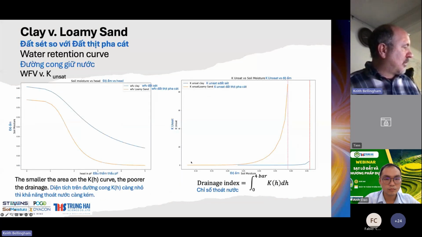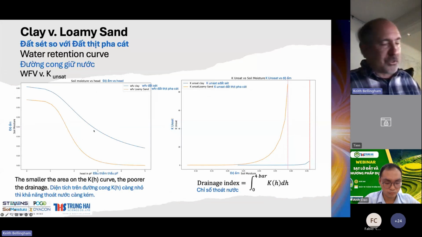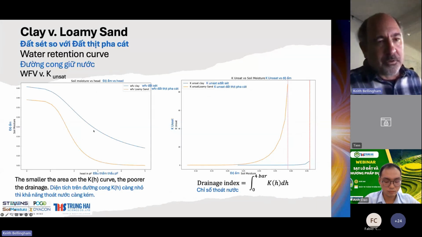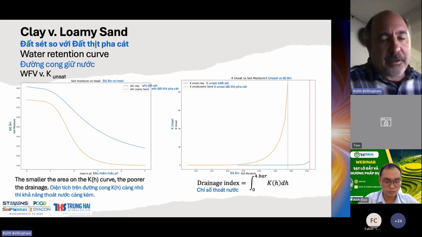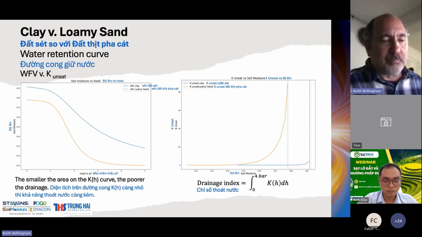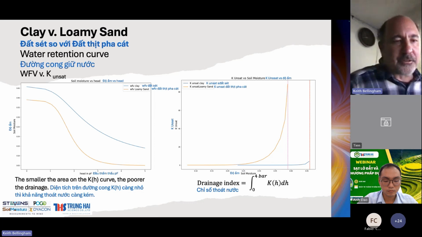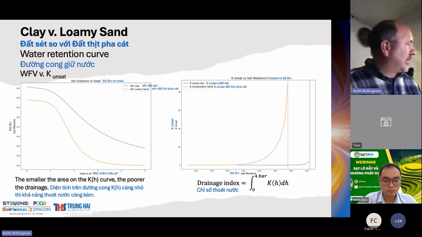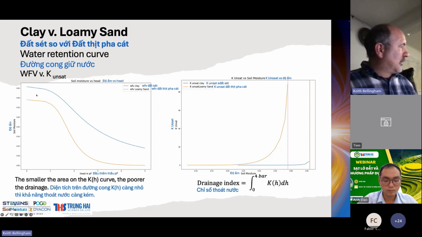But you can also use the soil water retention curve of a particular soil and determine a drainage index that can help you compare two different soils and their susceptibility to landslides. So here we have two different soils.